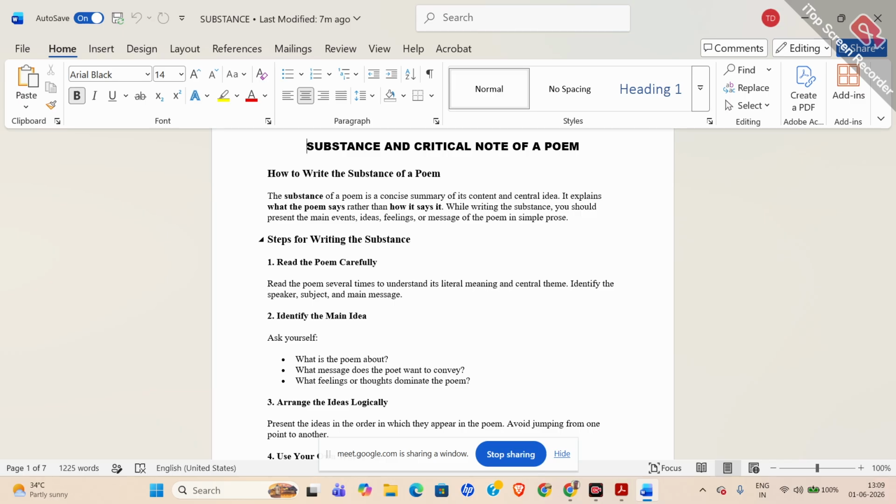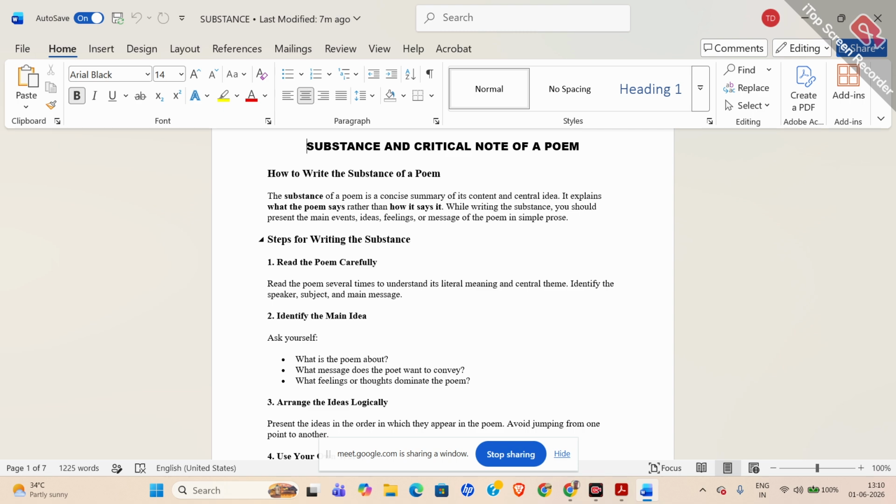So it is a brief, concise summary, ছোট করে একটা summary করা. What is there in the poem? What is the poet saying in the poem? এইটা ছোট করে, content মানে হচ্ছে বিষয়বস্তু, central idea মানে তো বুঝতেই পারছো. So the central idea of the poem has to be shortened.